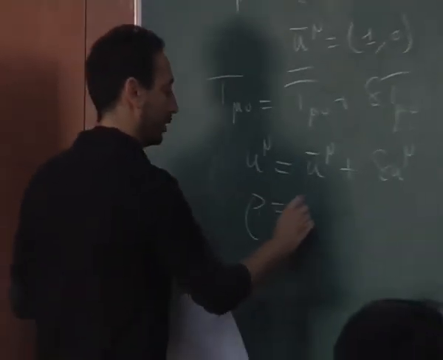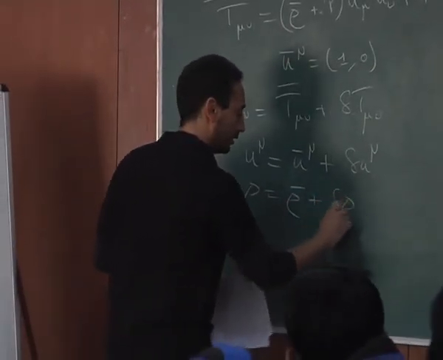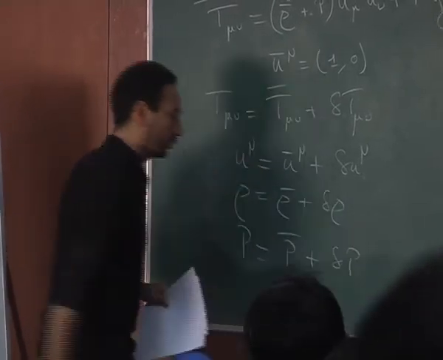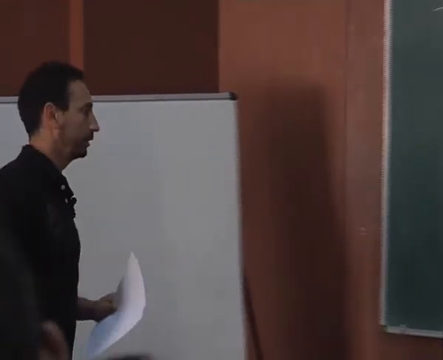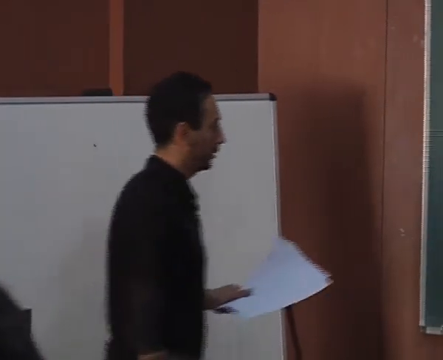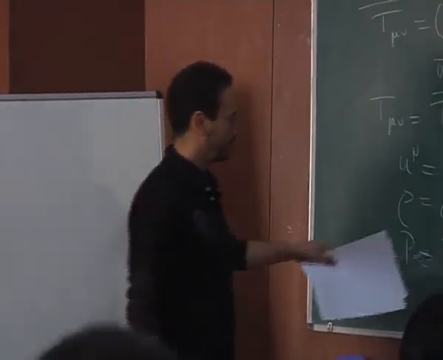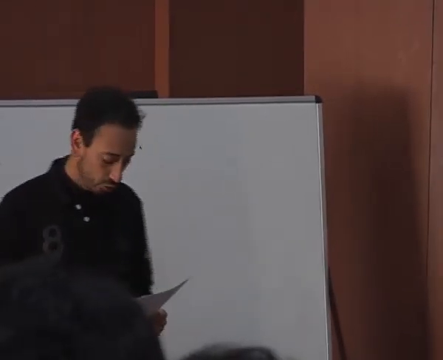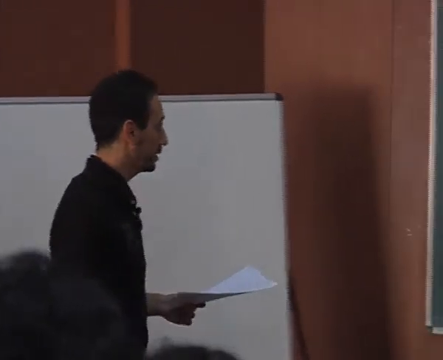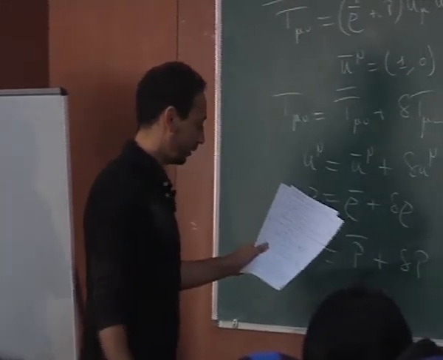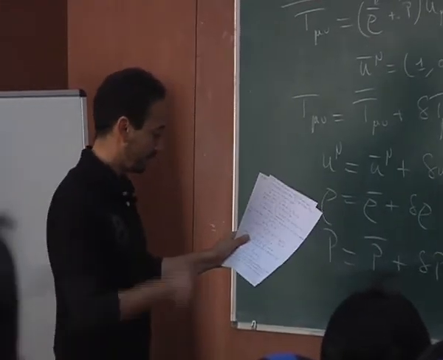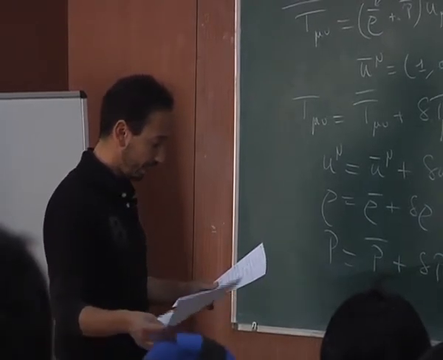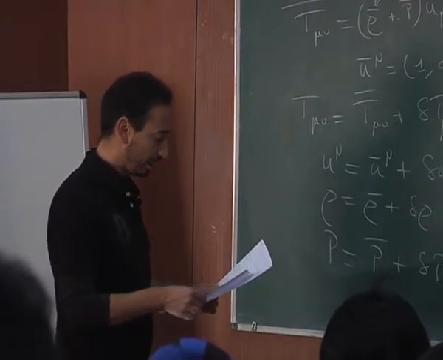The density will be the background plus a perturbation, and the pressure will also be a perturbation like that. All perturbations depend on all of space-time, and all background quantities depend only on time. So you do these calculations. I will skip the details. They are in the notes, in order to go a bit faster. And what you get is the following.